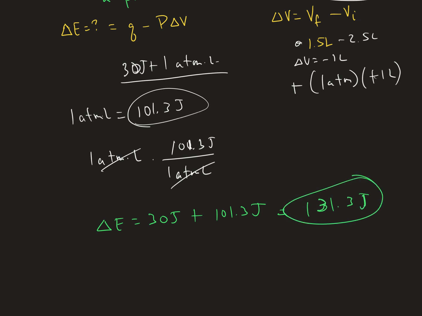So is it exothermic or endothermic? Endothermic because it's positive. Are we good there? So make sure we're dealing with units, and if they're not the same unit, we can't add them. That's like adding x's and y's, right? You got to convert it, make sure it's the same unit.